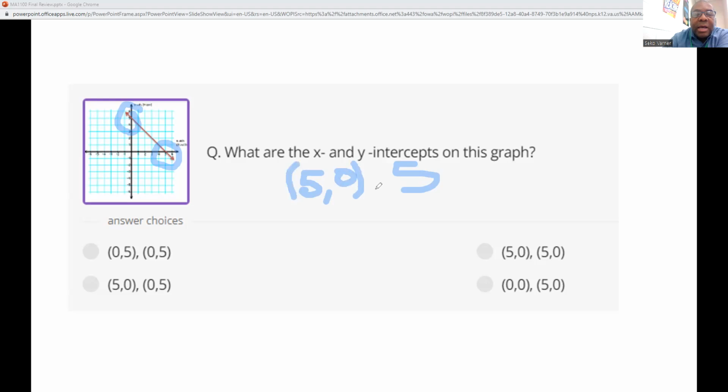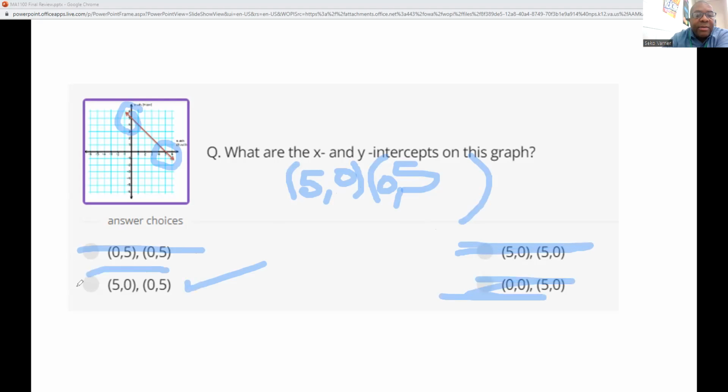And my y-intercept is going to be 0, 5. So this starts with 0, 5, so it's not that one. This looks good, 5, 0, 0, 5. Nope, that's not it. Okay, we found our answer.